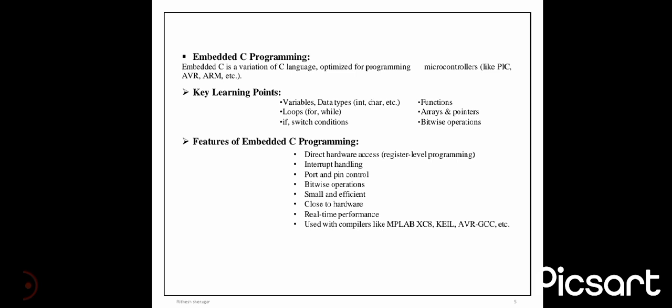Interrupt handling, port and pin control, bitwise operation, small and efficient, close to hardware, real-time performance, and this will be used with compilers like MPLAB X8, Keil, AVR GCC, etc. We will write the program in C language and we will convert it into hex format, and we will dump that code into the simulation software to visualize the process.